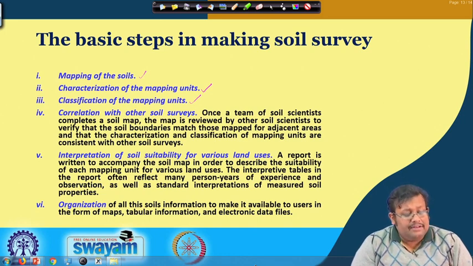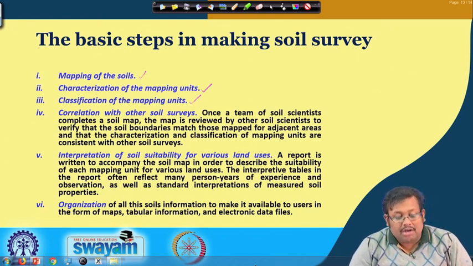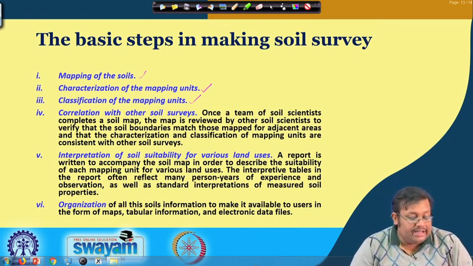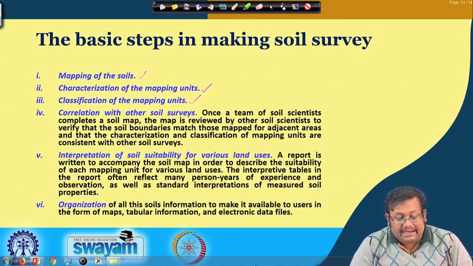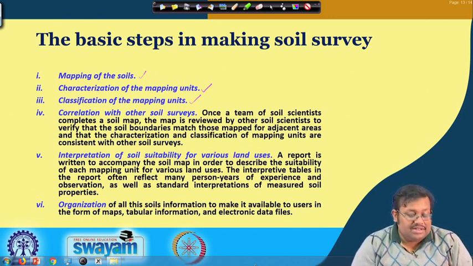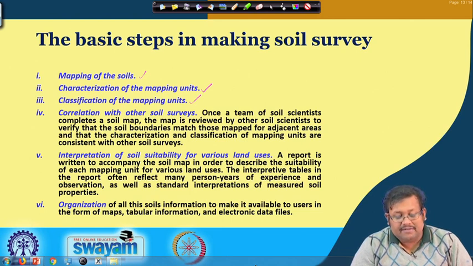The fifth one is interpretation of the soil suitability for various land uses. A report is written to accompany the soil map in order to describe the suitability of each mapping unit for various land uses, and the interpretive tables of the report often reflect many person-years of experience and observations, as well as standard interpretation of measured soil properties.